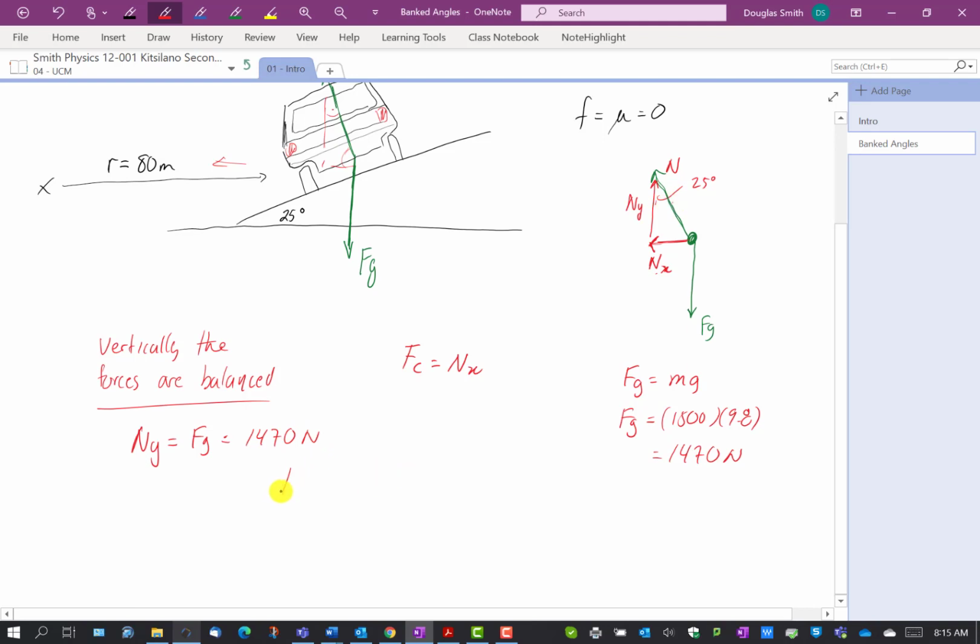We know that tan 25 degrees is equal to Nx over Ny. So Nx is 14,700 times tan 25.